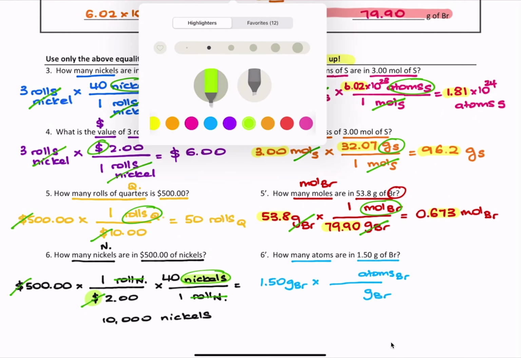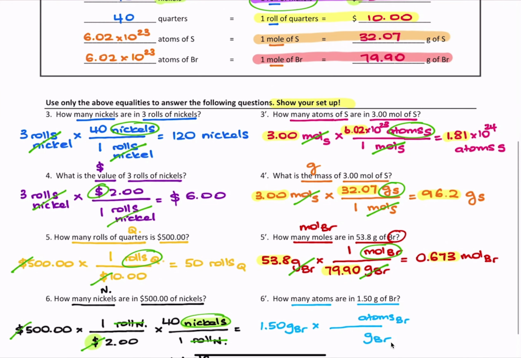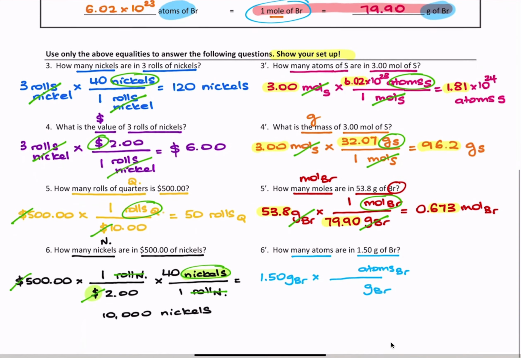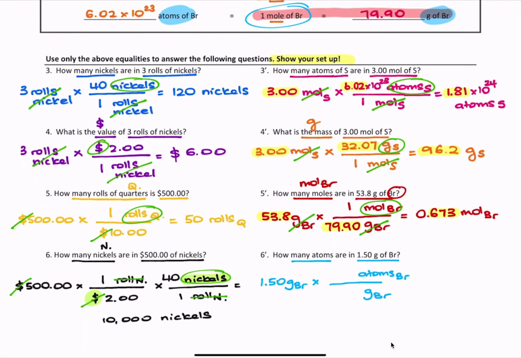If I look up here, I have my grams of bromine here, my atoms of bromine here, and here is my bridge unit, my golden unit, the mole. Therefore, I'm just going to create another conversion factor where the mole appears, because the moles cancel to one another.